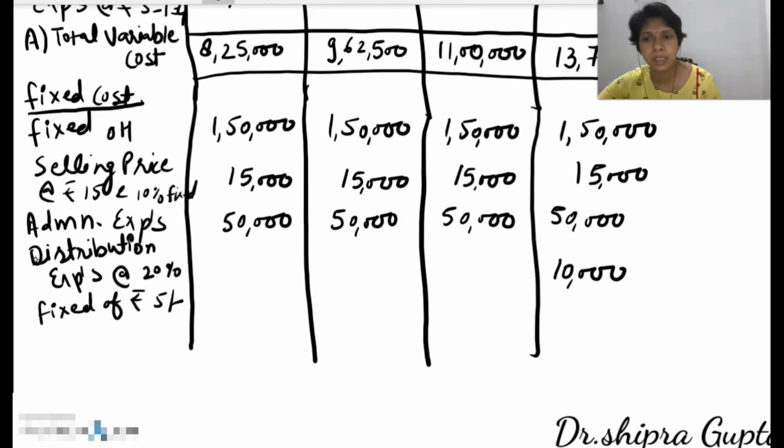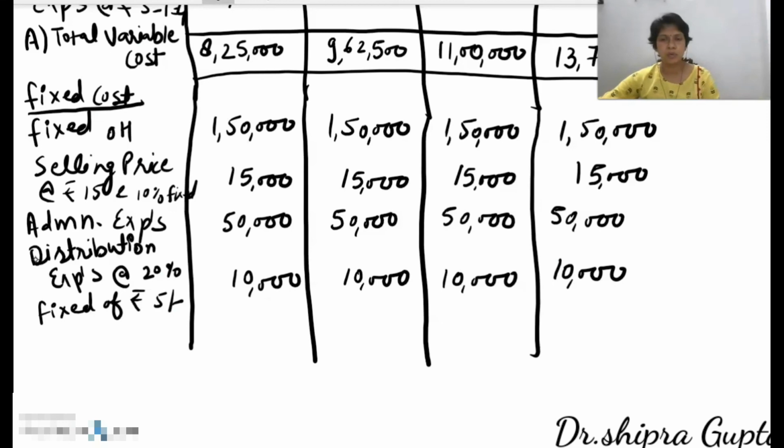This amount will remain the same for all the columns: 10,000, 10,000, 10,000. This is the last item for fixed cost.